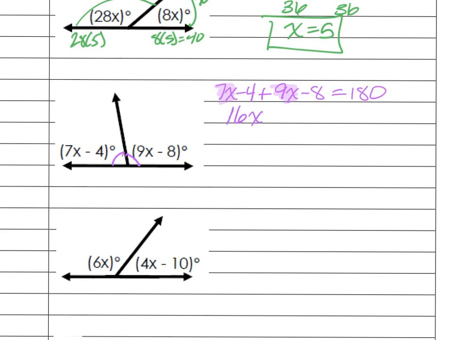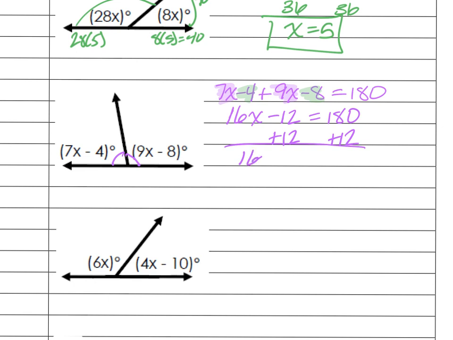And then I have my other two like terms. They're on the same side of the equal sign, so I don't change their sign. Negative 8 minus negative 4 is negative 12, equals 180. I only change the sign if I'm moving them to the other side of the equal sign. So I'm going to add 12 to get it to the other side of the equal sign.